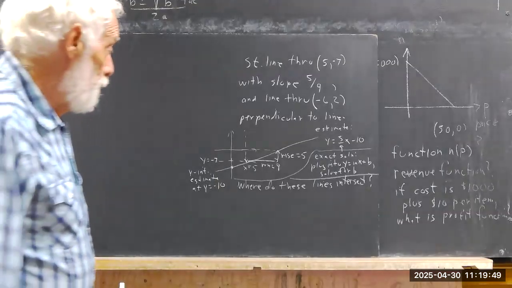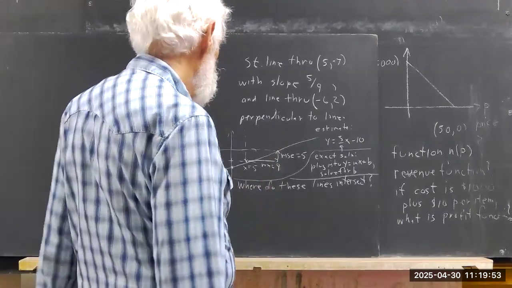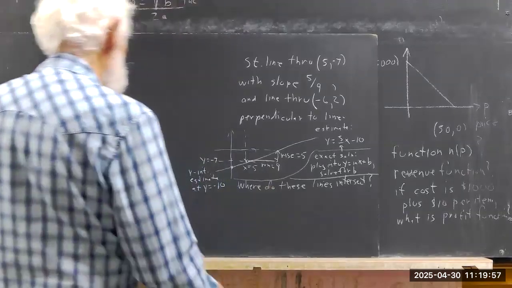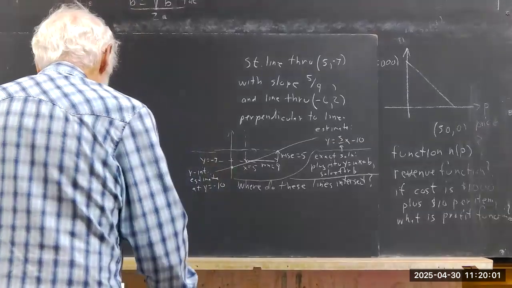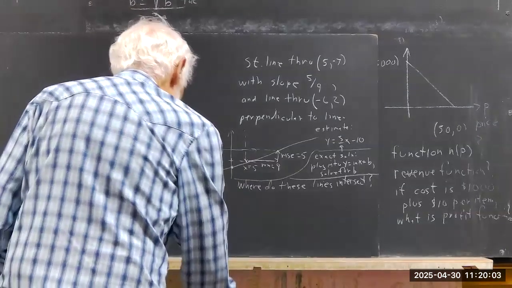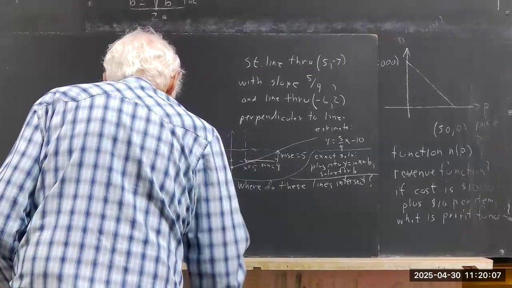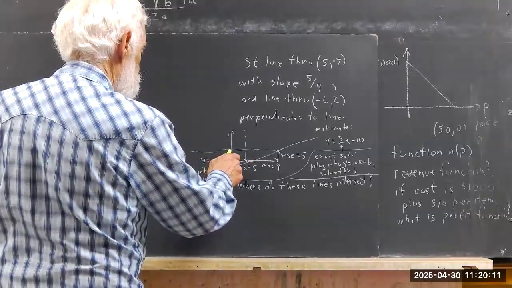Now, if we want a line perpendicular to this one through the point -6, 2, well, let's see, -6, 2. I'll use a different color for this because it's actually kind of a different problem, but there are problems that combine both of these things. I'm going to use yellow with my little contrast.